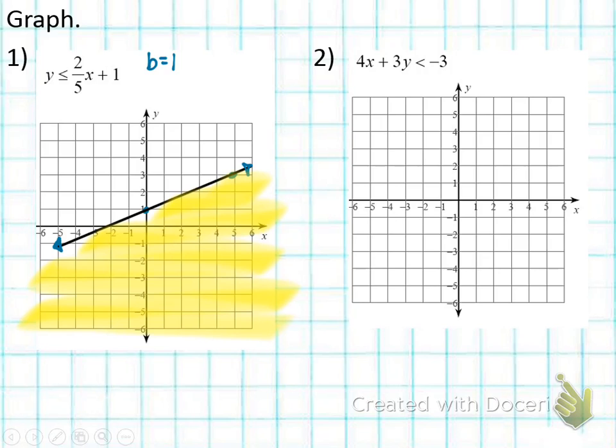Number 2, watch me do number 2 one more time. Number 2 is not in slope-intercept form, so we need it so y is equal to. Y is not by itself, so we need y by itself. The first thing I'm going to do is subtract 4x on both sides.